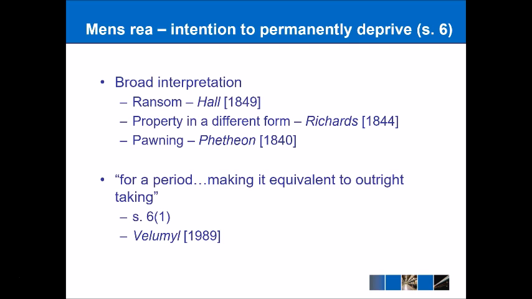And pawning as well, again, there might not be an intention to permanently deprive in those circumstances, but clearly pawning someone else's property is wrong, and so it's important to be able to convict someone of theft in those circumstances.